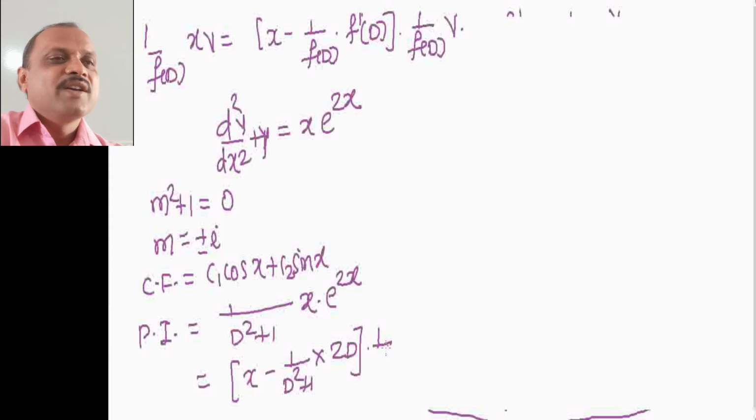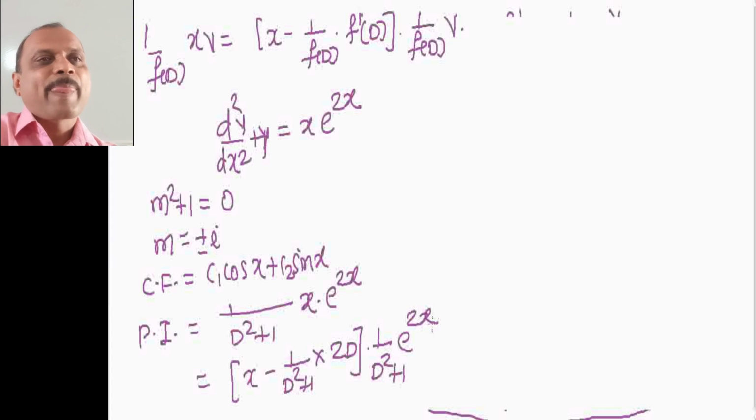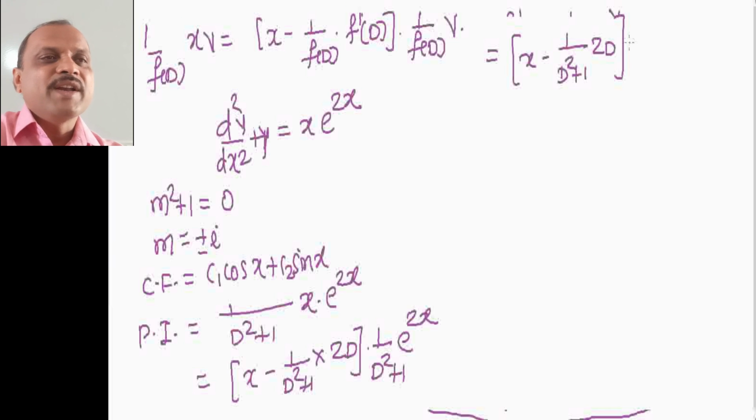So we have x minus 1 divided by D² plus 1, 2D, into 1 divided by D² plus 1 operating on e^(2x). How do we operate 1 upon f(D) on e^(ax)? I have the short method: 1 upon f(D) e^(ax) equals 1 upon f(a) e^(ax).